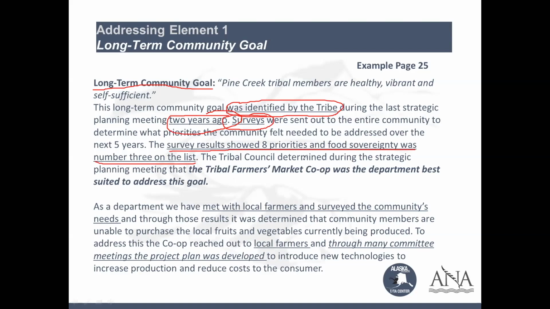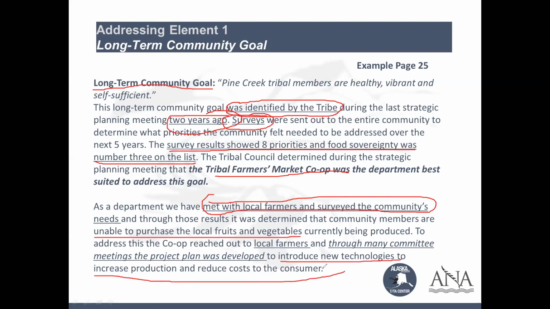Then we explain how the tribal council determined that our farmers market co-op is the best department suited to work on this goal, and that our department met with the farmers and surveyed the community needs, and through those results it was determined that folks are unable to purchase local fruits and vegetables, and that things are expensive, and that if we introduce new technologies and increase production, we could reduce costs.